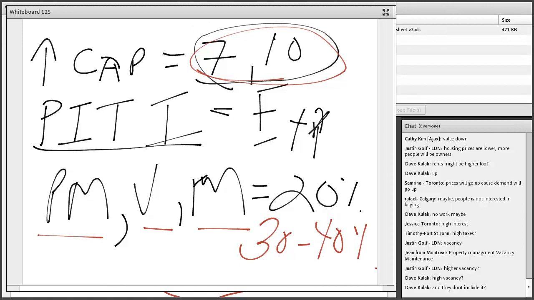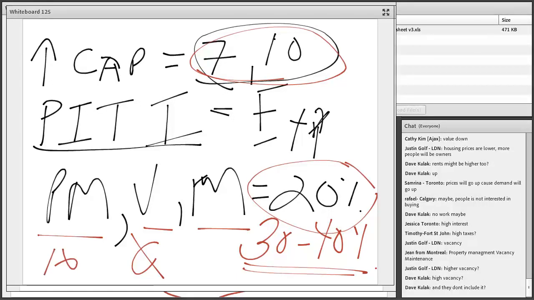At worst, they're saying, well, we're at the 20%, but really, they're not at the 20%. This 7 to 10 cap rate is really calculated with vacancy at 0, property management at 10, maintenance at maybe 1%, right? That's how they're calculating it, right?